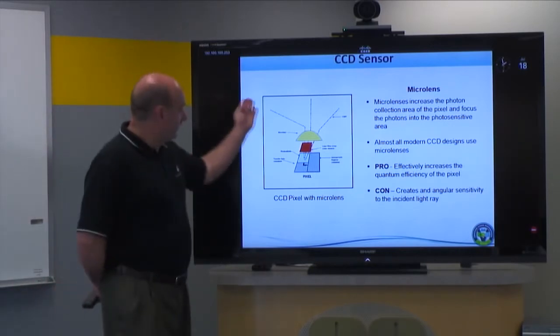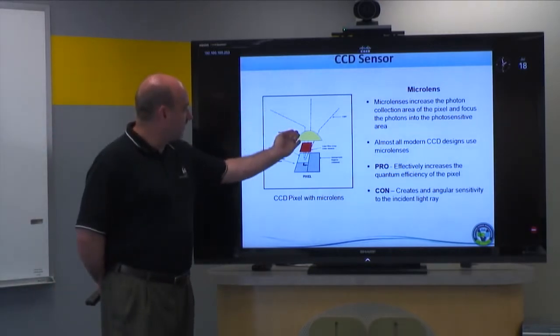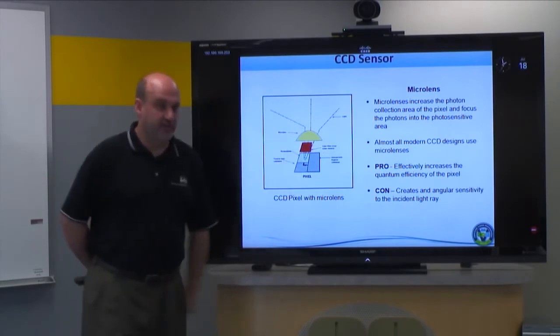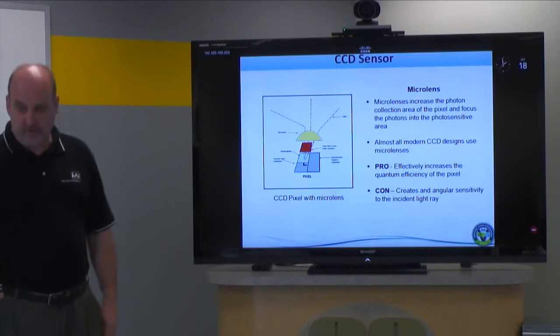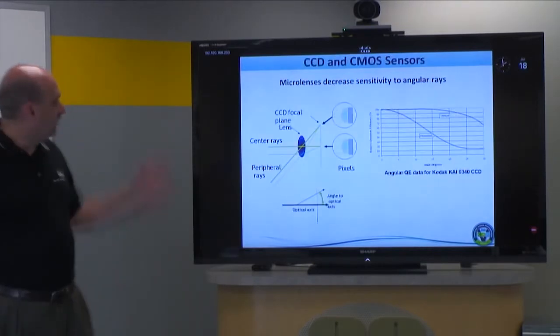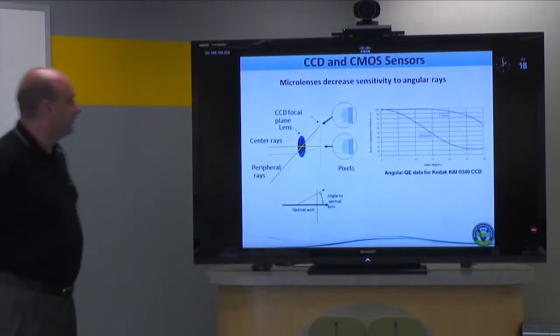So even though the light can come in at a steep angle and be bent into the photosensitive area, it's not perfect, and we can see a roll-off in the response of the pixel to light with the angle of incidence of the light to the pixel itself.